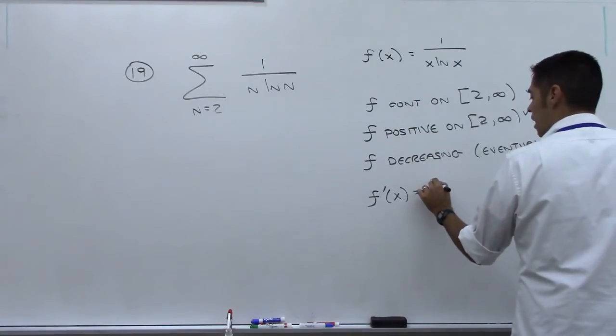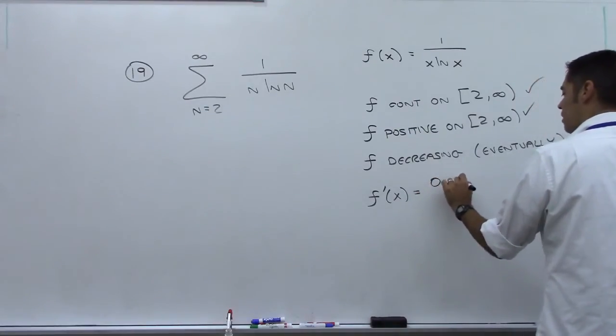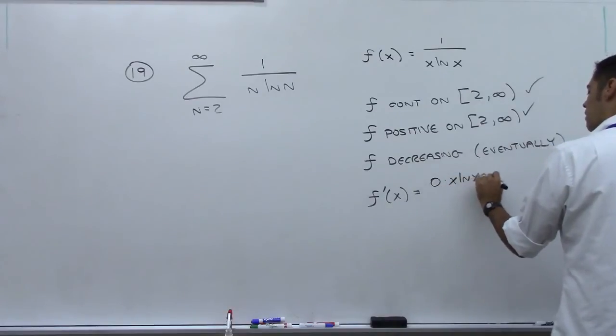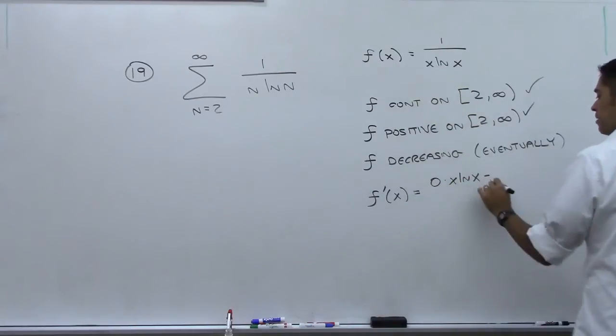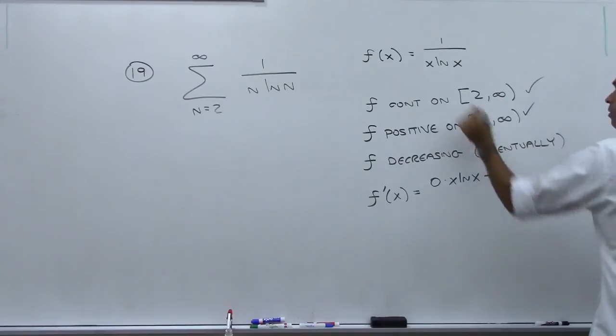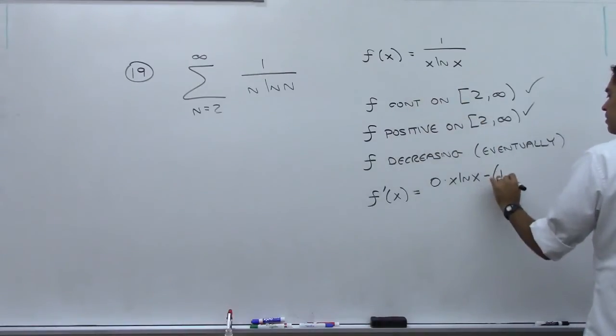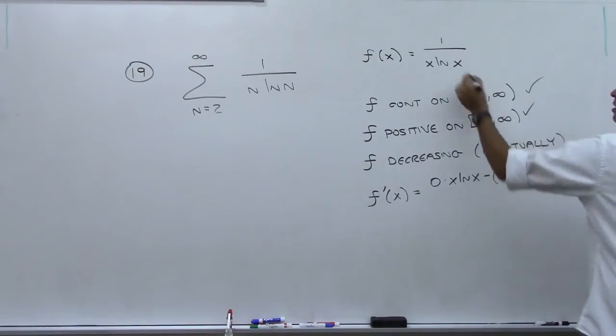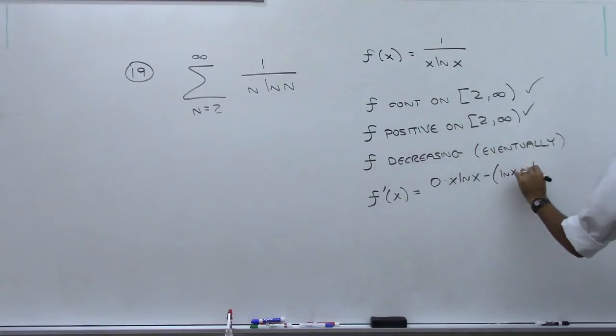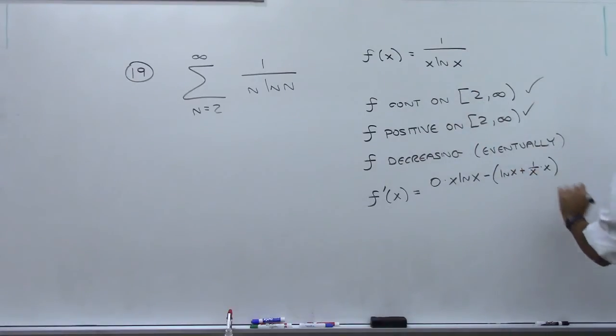The derivative of the top is 0 times the bottom, minus the derivative of the bottom, that's a product rule. Derivative of x is 1 times natural log x, plus derivative of natural log of x is 1 over x times x. So that's my product rule. And then times the top, all over the bottom squared.